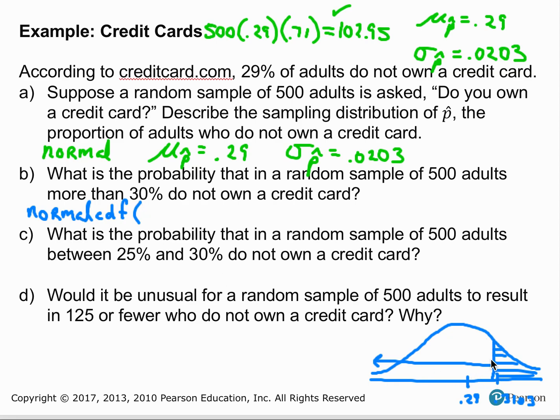Our calculator is going to be based on this, so we're going to say 0 or lower bound all the way up to 0.3. Put in your mean, 0.29, and your standard deviation, 0.0203, and see what that is.